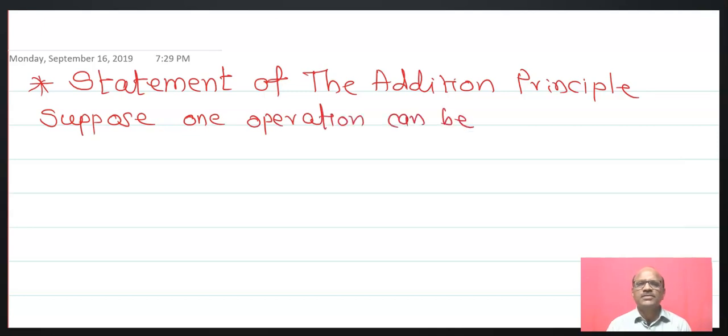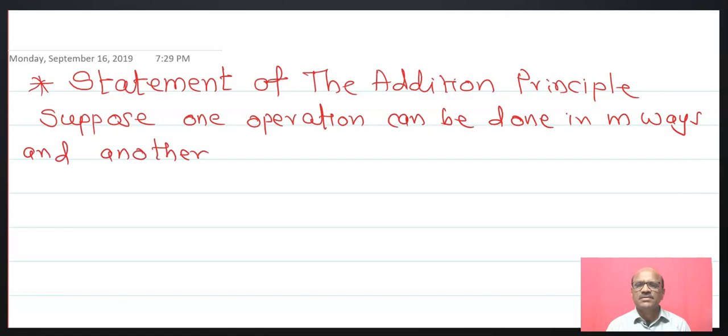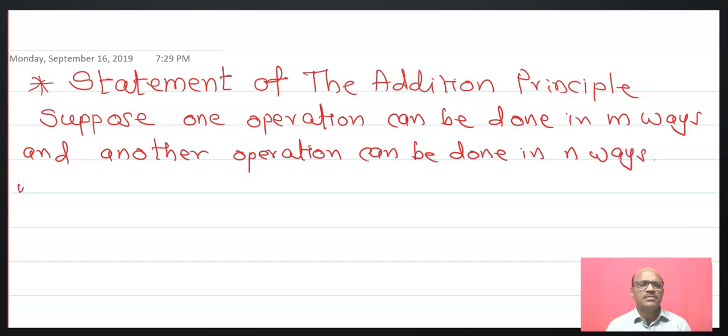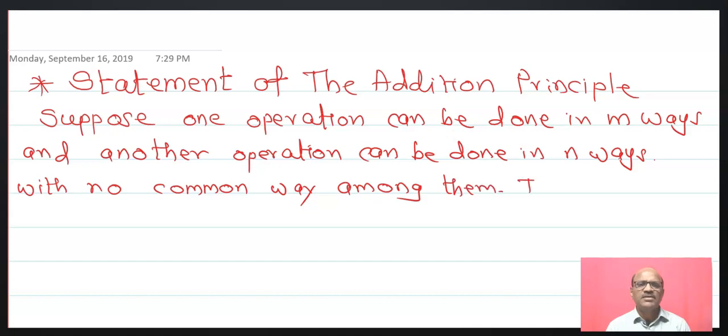Suppose one operation can be done in m ways and another operation can be done in n ways, with no common way among them.